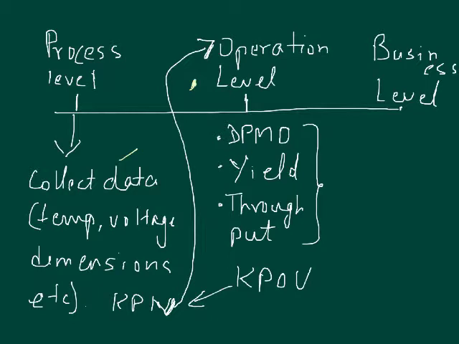Basically at the process level we collect data to support the operation level, and whatever data we collect should contribute towards, in this example, the defects per million opportunities, yield, and throughput. These KPOVs here become KPIVs for the business level.